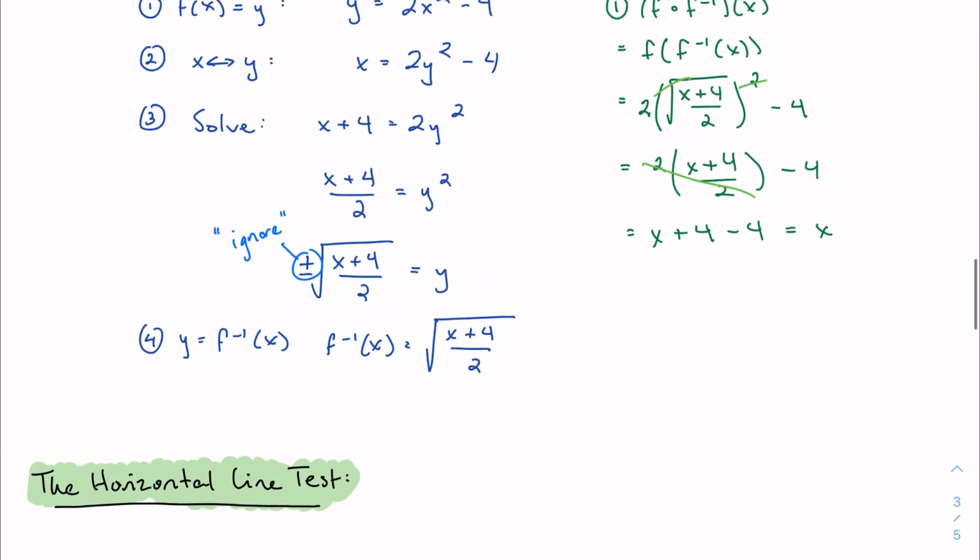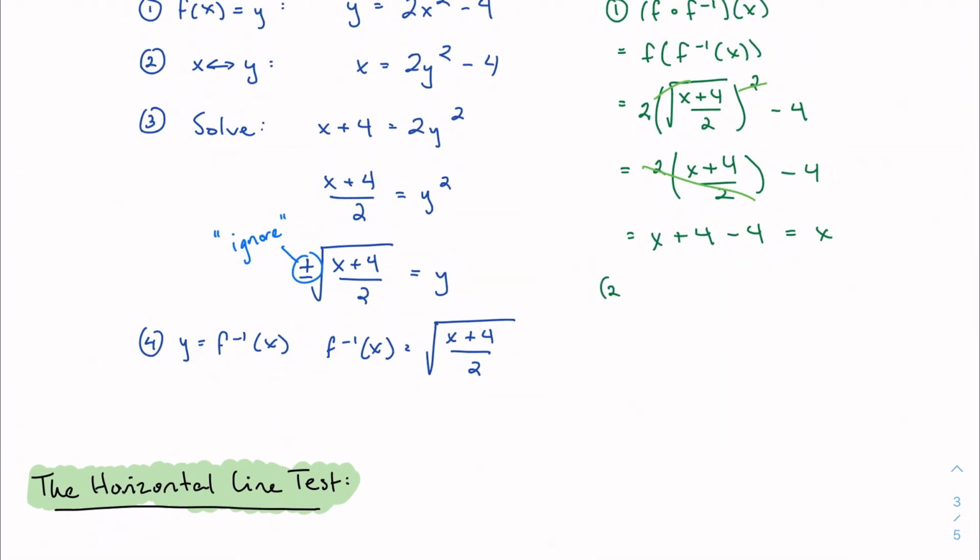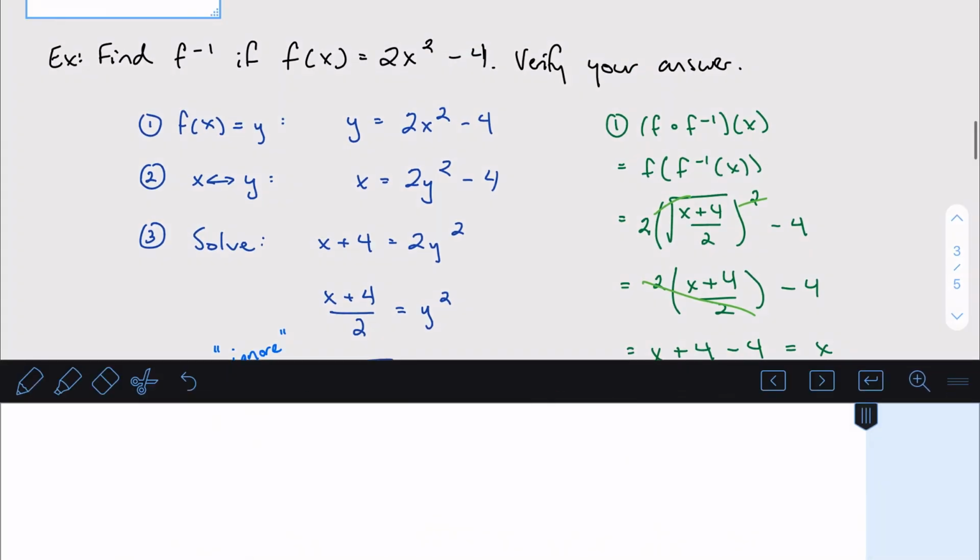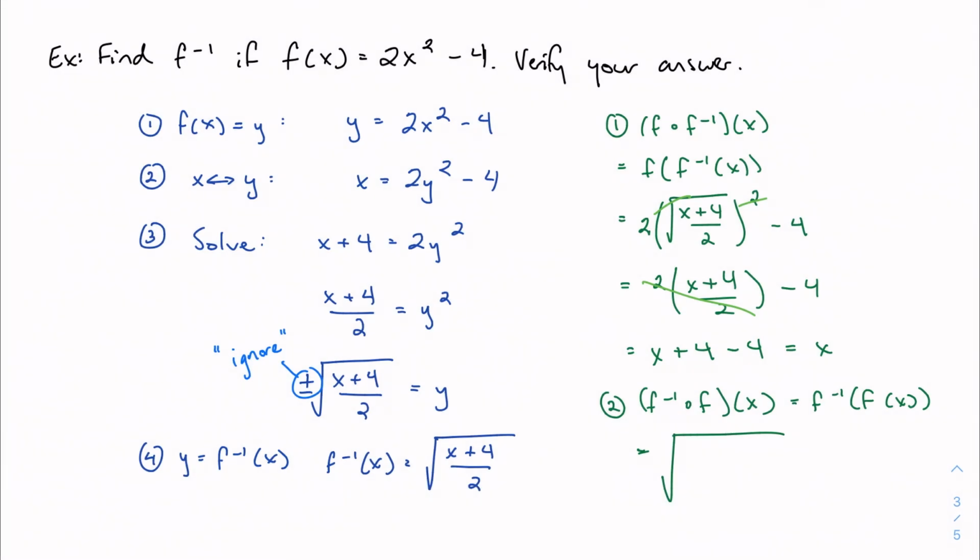And then I can check this the other way too, right? I have to check f inverse of f of x. Try to save a little bit of room so I have room for my definition below. So I'm going to plug in my 2x squared minus 4, plus 4, over 2.